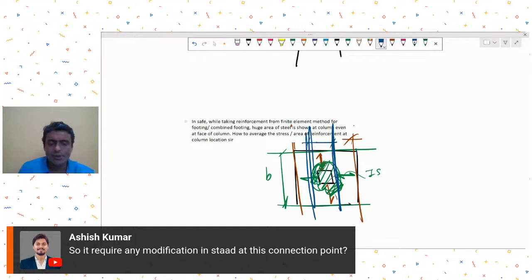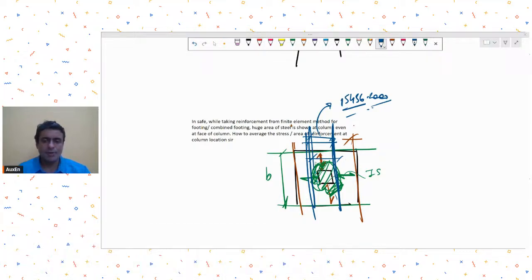So in fact, you can also make your design strip in SAFE equal to this dimension, and you can get this dimension from IS456. I'm forgetting the clause number, but it says where you need to concentrate the reinforcement. So the strip width also can be provided in the same manner.